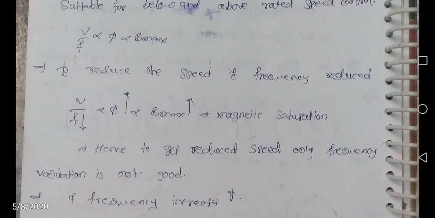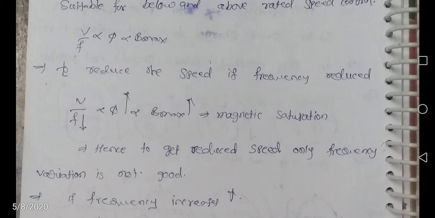So if we decrease frequency alone, then flux is increasing and B maximum is increasing. B max is flux density. Increasing flux density in the machine is not good.